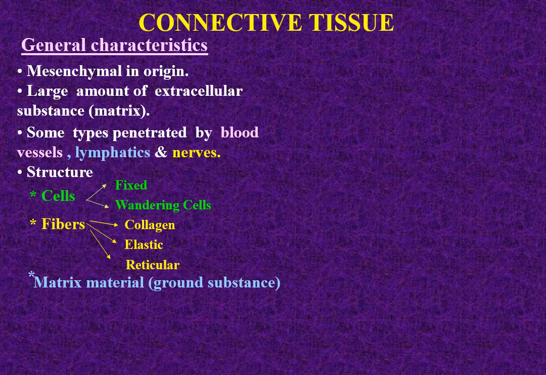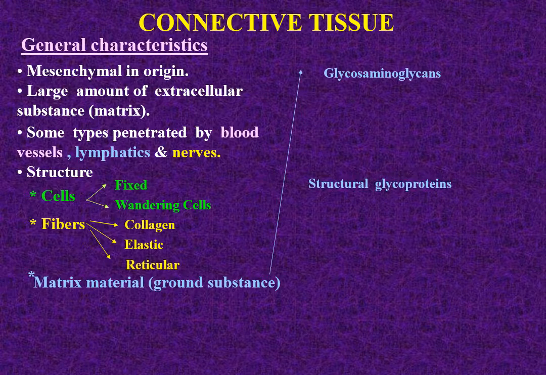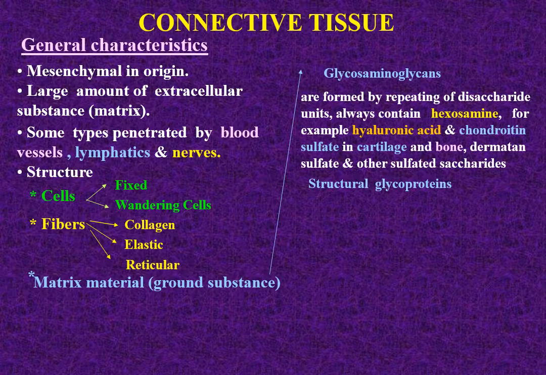Matrix material or ground substance is an amorphous extracellular substance made of a complex mixture of glycosaminoglycans and structural glycoproteins. Glycosaminoglycans, sometimes called acid mucopolysaccharides, are formed by repeating disaccharide units that always contain hexosamine.